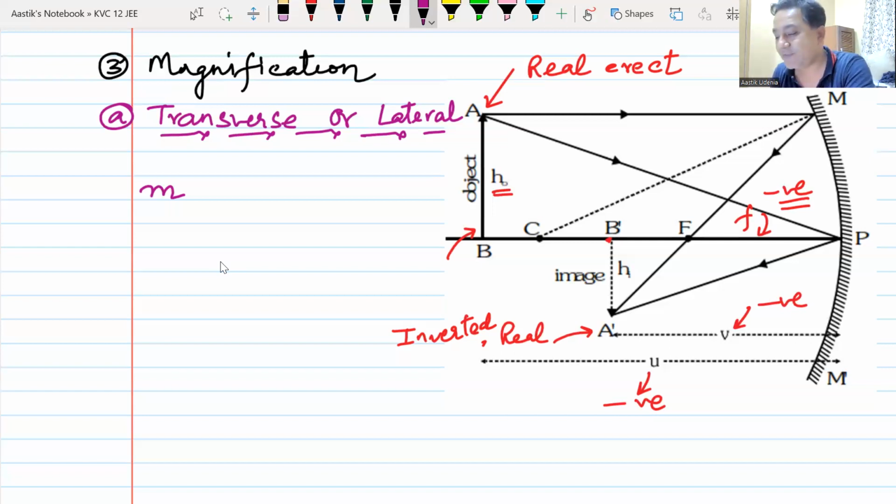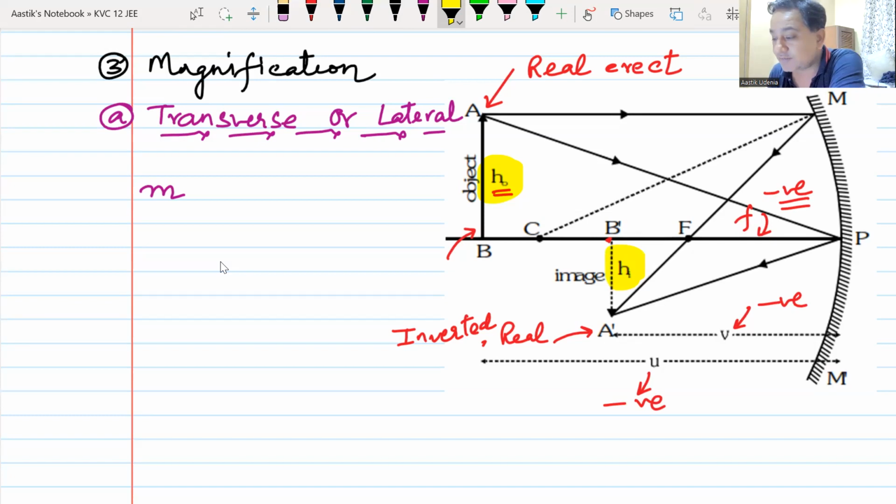Can you tell me what is the magnification, transverse or lateral magnification? Say someone. I have discussed almost everything apart from these two yellow gentlemen, so you have to do something with this yellow gentleman here.